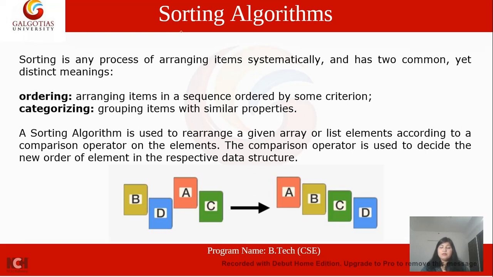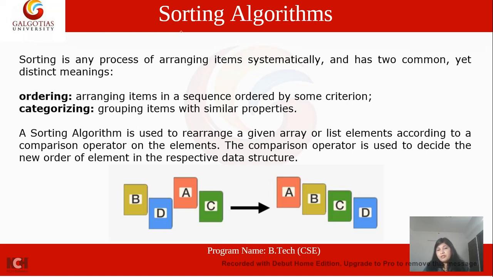Now a sorting algorithm is used to rearrange the elements of a given array or list according to a comparison operator on the elements. That means whenever we need to arrange things, in the case of ordering, the elements of the array or list will be compared with the comparison operator.